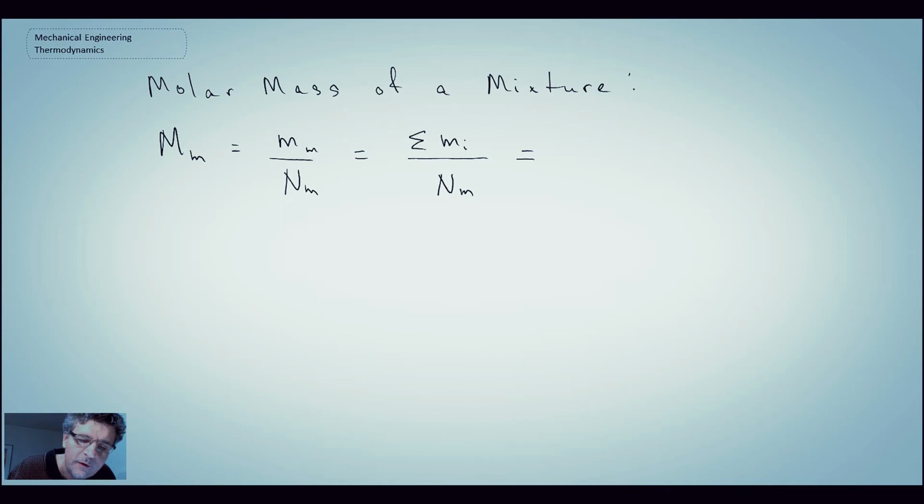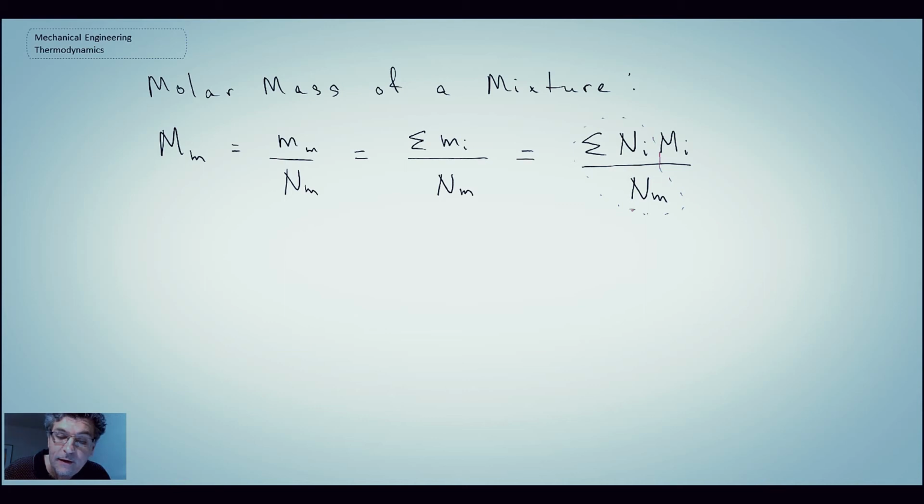And we'll substitute our relationship that we just looked at between mass, number of moles, and molar mass for the summation in the numerator. We can say that the mass is going to be the number of moles of that component times the molar mass of that component, and then we divide by the total number of moles in the mixture. What I'm going to do now is pull these two out.